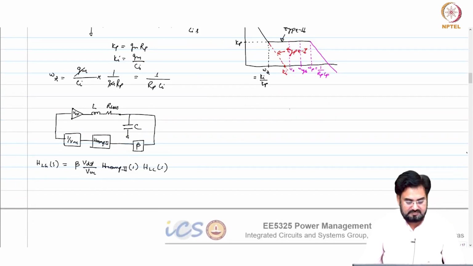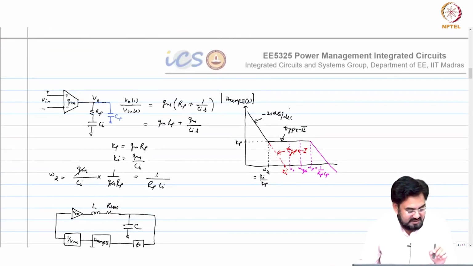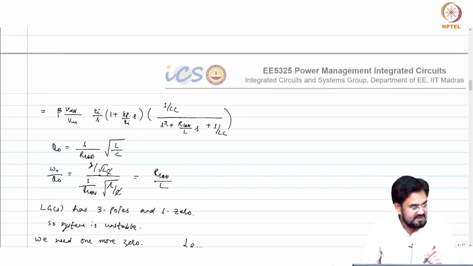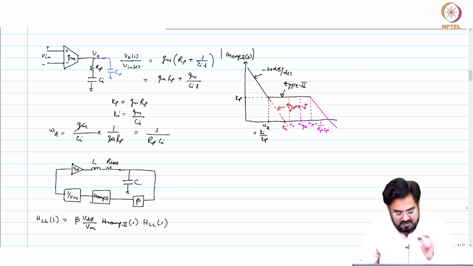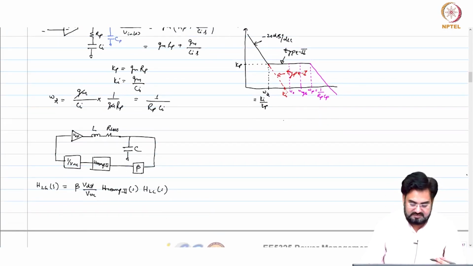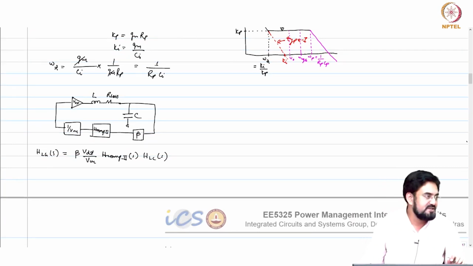Okay. So both the zeros, not just omega z which is coming from this compensator, but the second zero which we introduced by adding ESR, that should also appear at omega naught or before that. So that at omega UGB you get enough phase margin.